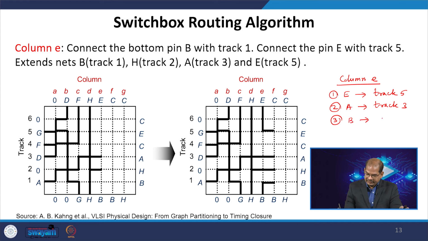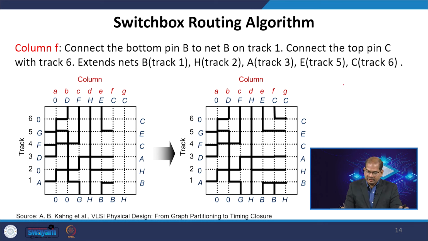B is a new net, it is in track 1. Now if you can see, if you draw like this, you have 2 more columns. So, now you have column F.